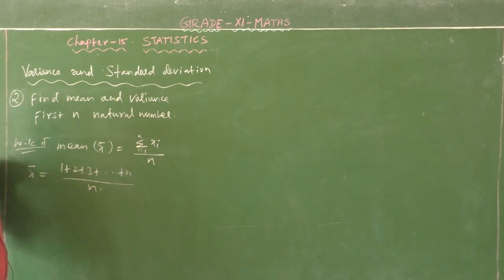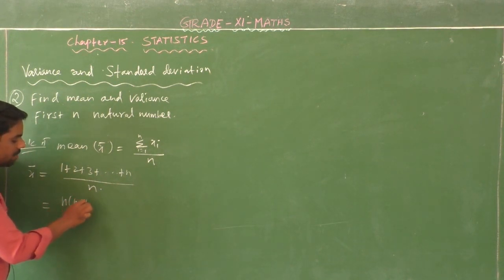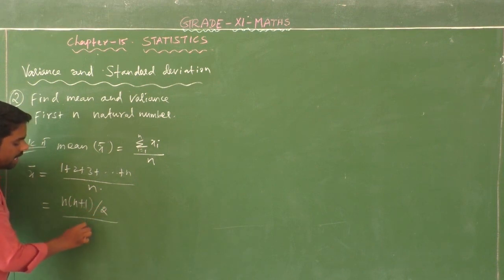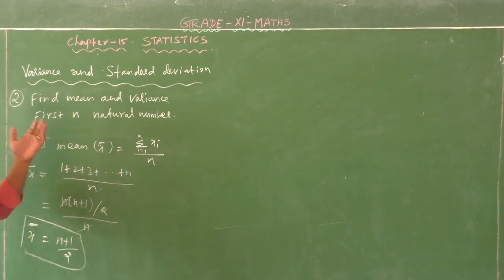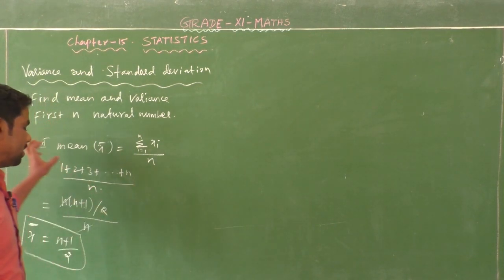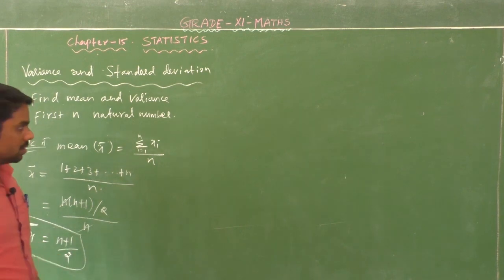So n observations. You know the formula: the sum of n natural numbers is equal to n into n plus 1 by 2. Substitute this value, n into n plus 1 by 2 the whole divided by n. So n cancels. Remaining, the mean of the given data x bar is equal to n plus 1 by 2. This is the mean of the first n natural numbers. So the mean of the first n natural numbers is n plus 1 by 2.